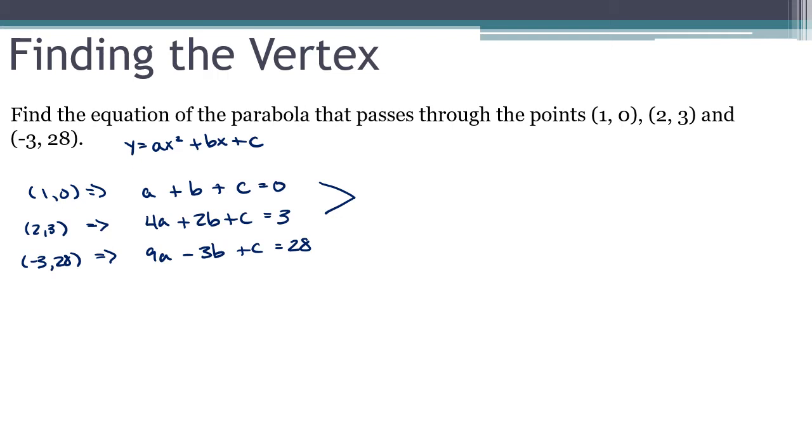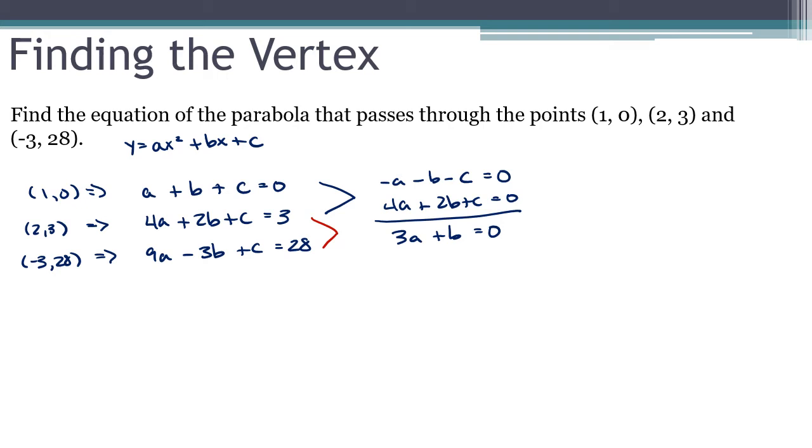All right, so this will be negative a minus b minus c equals 0. 4a plus 2b plus c equals 0. And if I add these together, I get 3a plus b equals 0. Okay, so next I'm going to do this again, but this time I'm going to do it with equations 2 and 3.